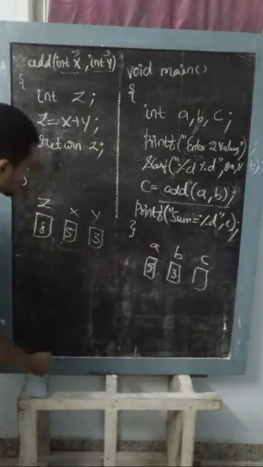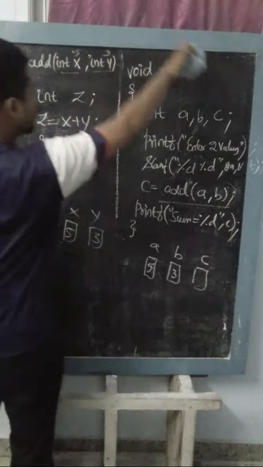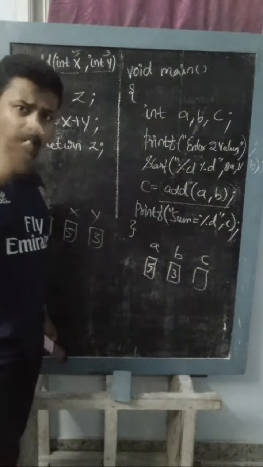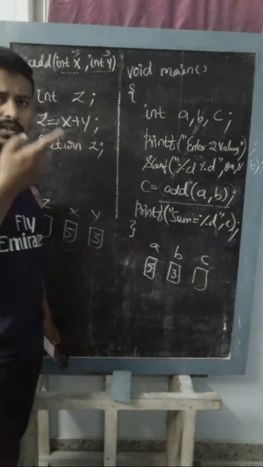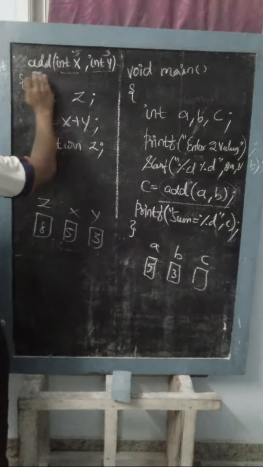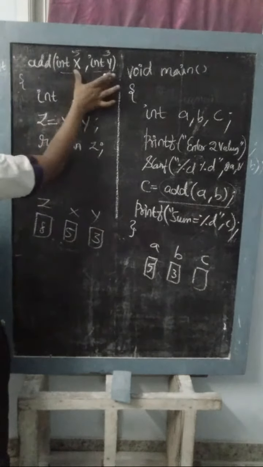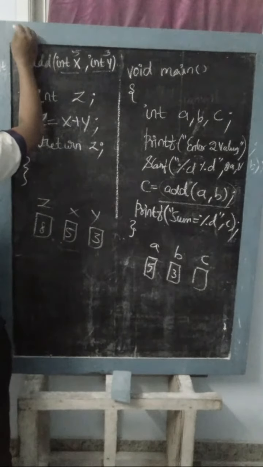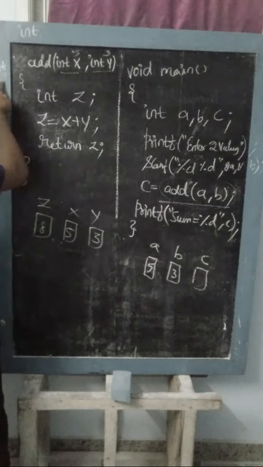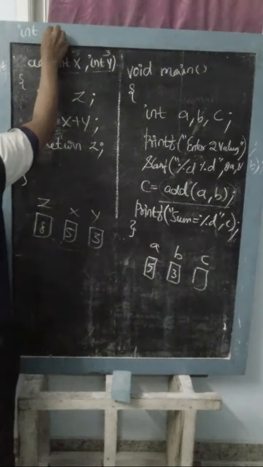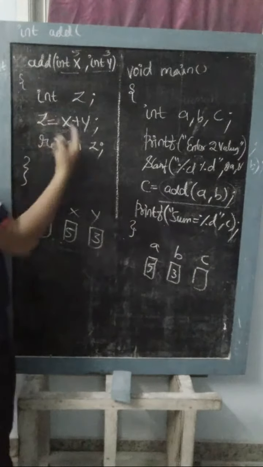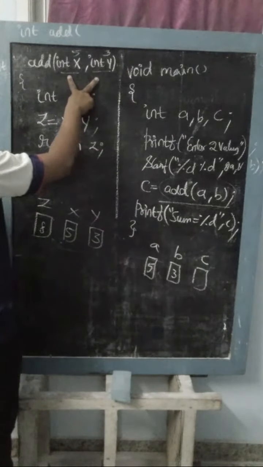Okay, DRJ asked one question: how about function declaration? I already told you, after the include files, after the header files, you have to write whatever function definition you are writing in this line. Based on this line, after the header files, what is the return type? It is an integer. What is the function name? That is add. What is the argument list? How many arguments are there? There are 2 arguments.